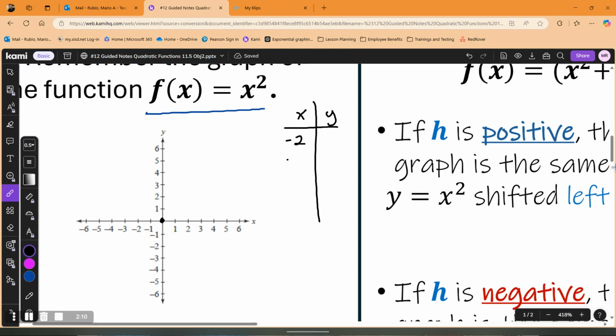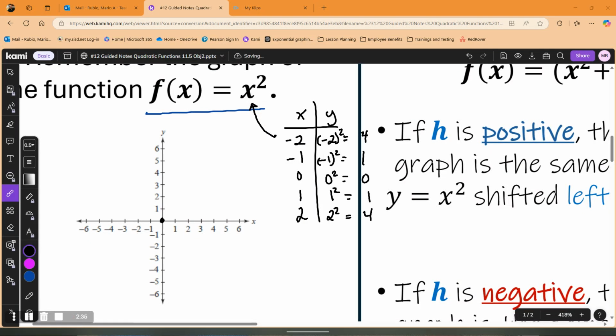You're going to pick values, and I told you always pick these 5, and then just substitute them into x squared. So negative 2 squared is 4. Negative 1 squared is 1. 0 squared is 0. 1 squared is 1. And 2 squared is 4.